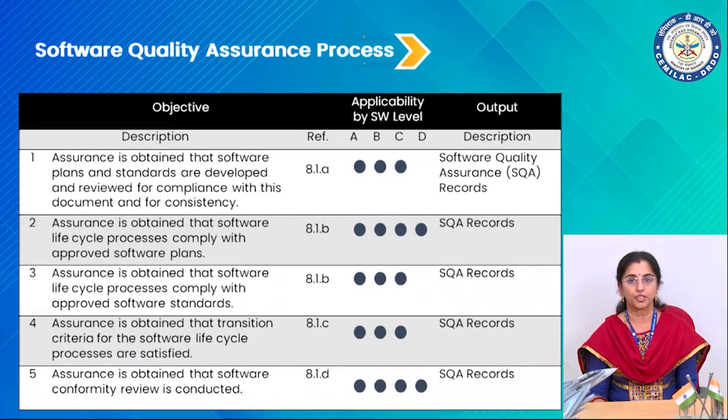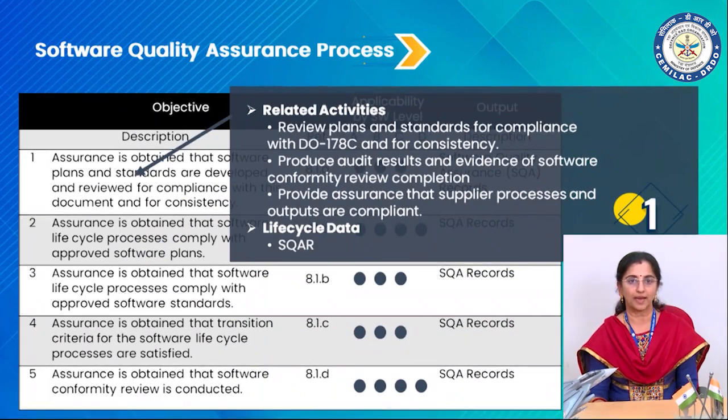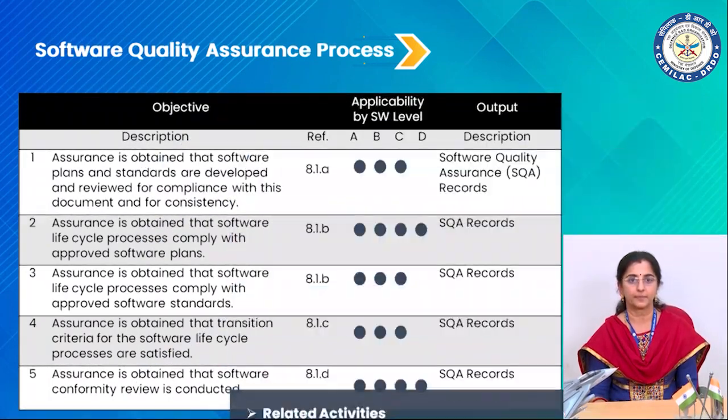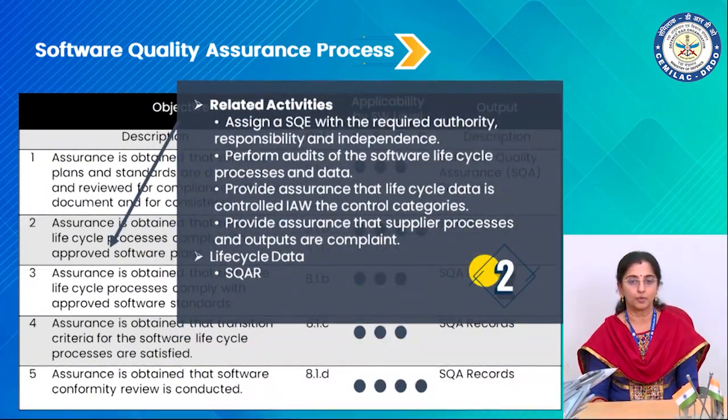The quality assurance process has to meet 5 objectives as per DO-178C. Objective number 1 states, assurance is obtained that software plans and standards are developed and reviewed for compliance with this document and for consistency. Then we have assurance that software lifecycle processes comply with approved software plans.